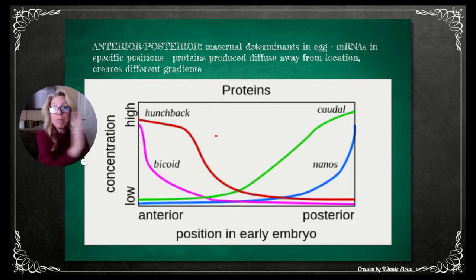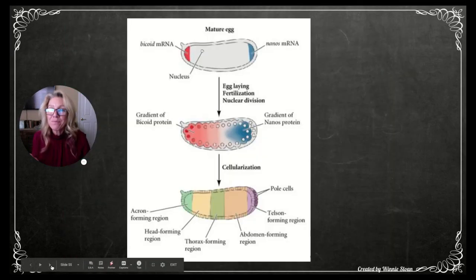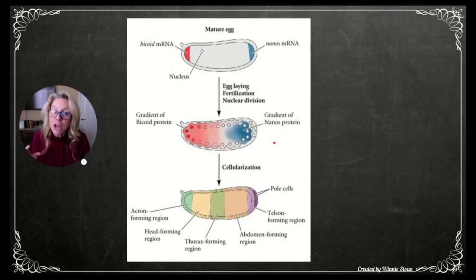So just pick a point anywhere on here, and you're going to have rainbow different amounts of each of these. Just pick a different point and look to see the concentrations, and these different ratios are going to determine anterior, posterior, and ultimately segmentation. So on your notes, I gave you all of that. Okay, so here again, you can see nanos versus bicoid, and you can see this in a gradient.